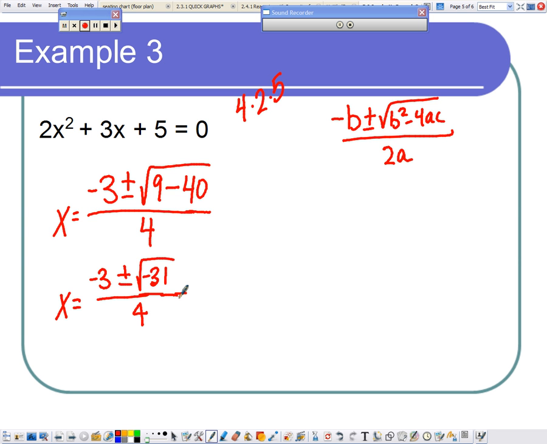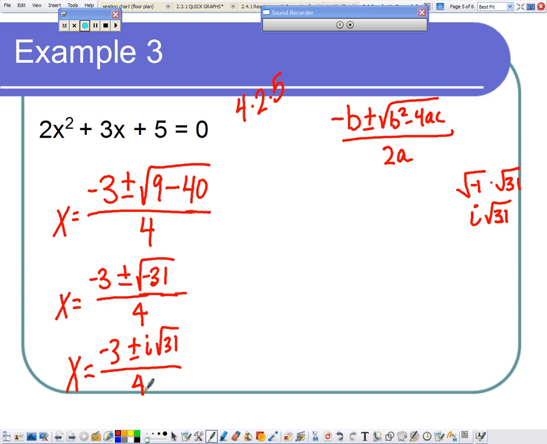So anytime I want to pull that, I always have to pull that negative out. So that negative 1 turns to an i, and it ends up being the square root of 31. And since 31 is a prime number, I can't simplify it anymore. So it's going to be negative 3 plus or minus i square root of 31 all over 4. And that tells us that it's an imaginary number.